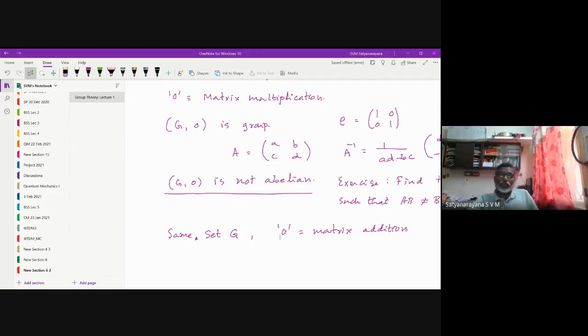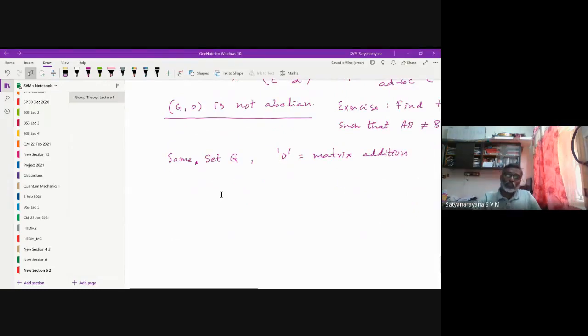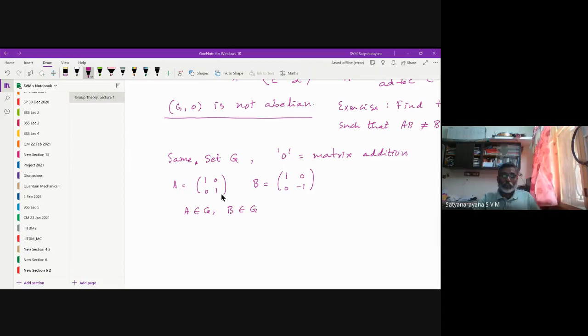Now let me give you this case. Suppose I take A equal to 1, 0, 0, 1. Now I take B equal to 1, 0, 0, minus 1. So you know that A is in G, B is also in G, correct? Because these are real numbers and the determinant is non-zero. Now what is A plus B with matrix addition?